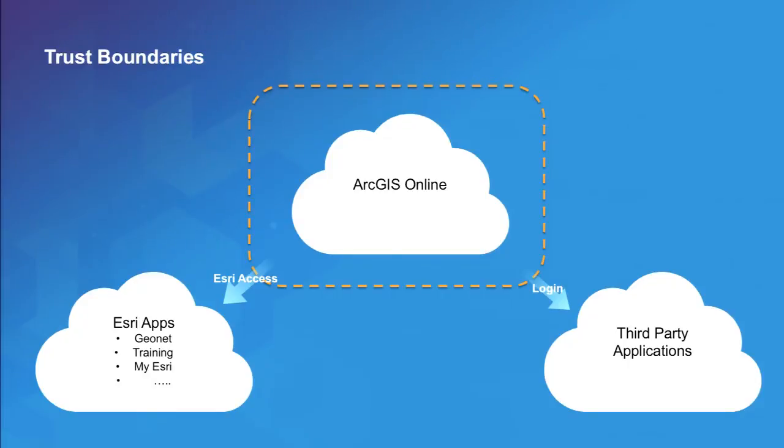They're just different and done differently and on different infrastructure. So things like the forums on GeoNet, or just GeoNet in general, the training site, the support sites, Esri, etc. Those are actually running in different places and managed in a different way.